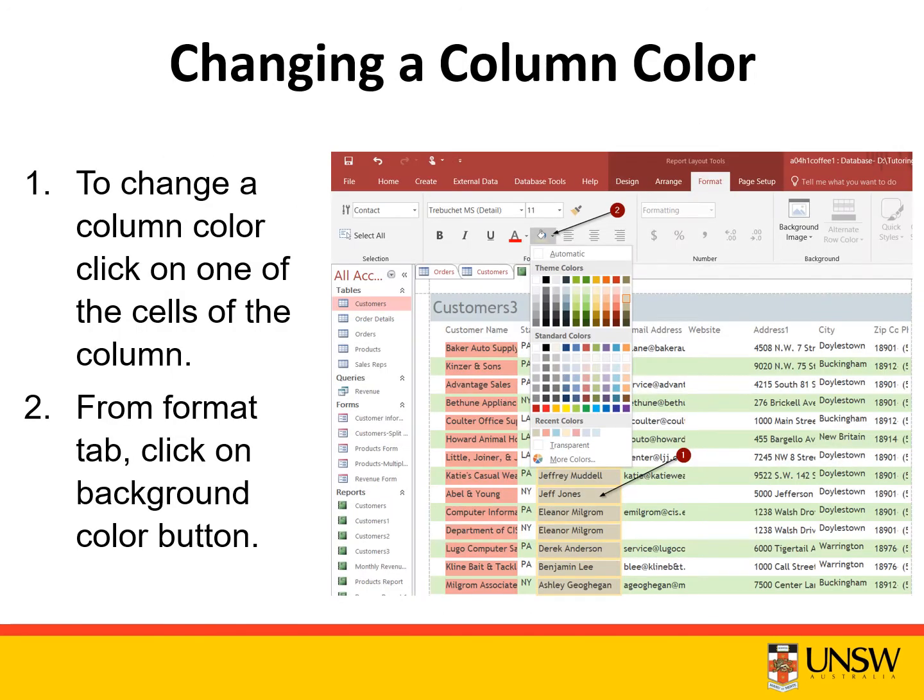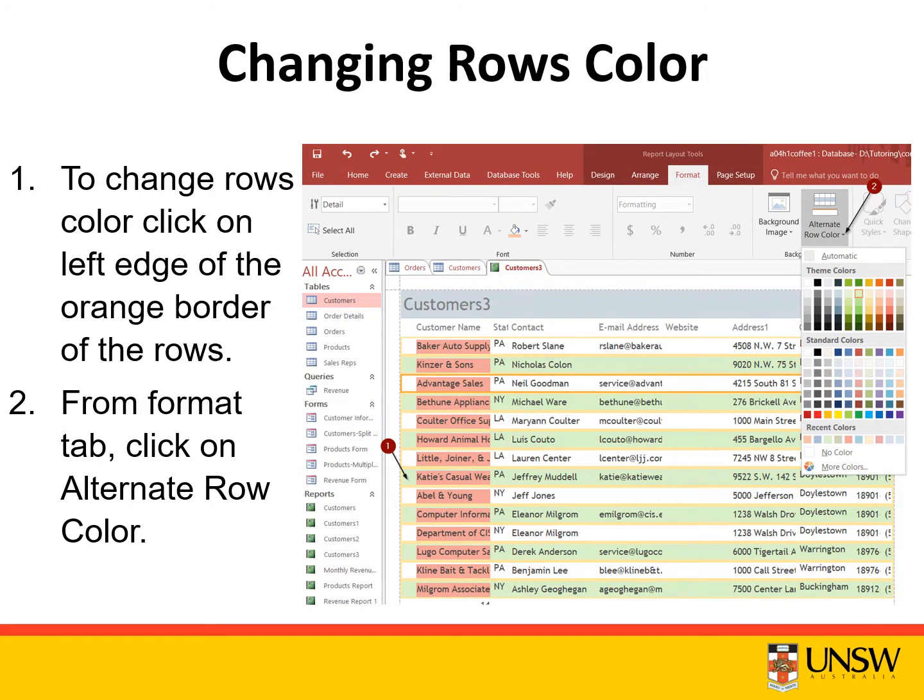If you want to modify a specific column and change its background color, or font type, click one of the cells of the column, then use the editing features in the Format tab. In order to change color of the rows, you should click on the left edge of the orange border of the rows, then use the editing features in the Format tab.